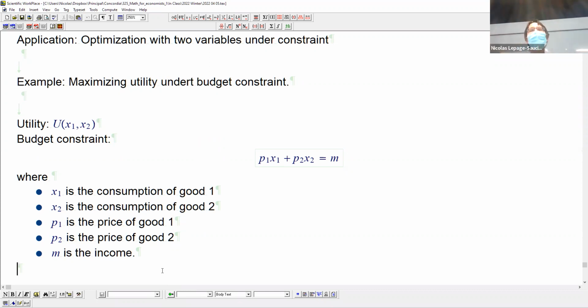Anyways, we don't have time. It's the last class. You could do many other things. Have you heard of the word Lagrangian? Lagrangian is much more difficult, right?